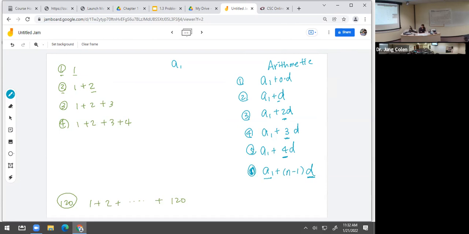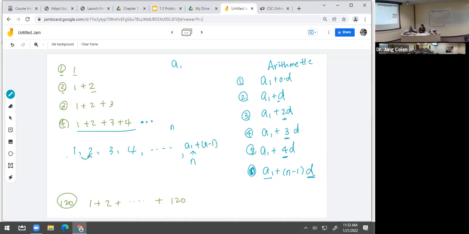When you're looking at this sequence, 1, 2, 3, 4, dot, dot, dot, the nth number will be a sub 1, which is 1, plus n minus 1 times the difference.